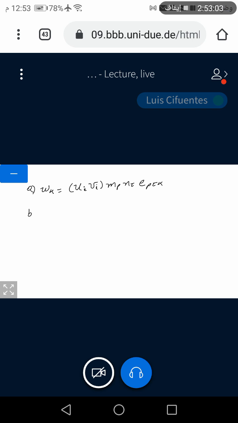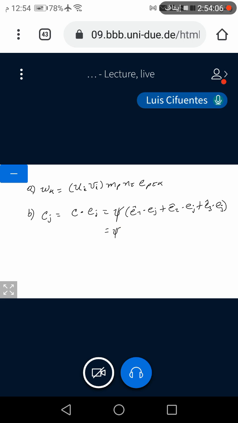And for exercise B, using this permutation with the basis vectors, we have that this c_j is just c dot e_j, and this is just with this sheet here: c_1 e_1 plus c_2 e_2 plus c_3 e_3, dotted with e_j.